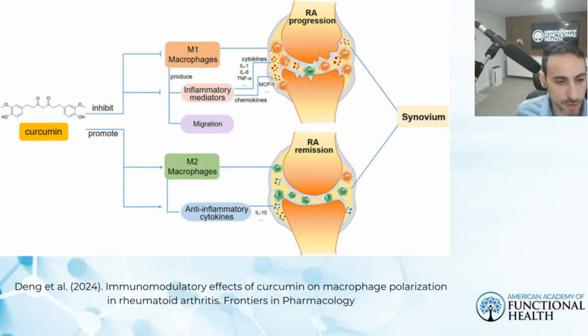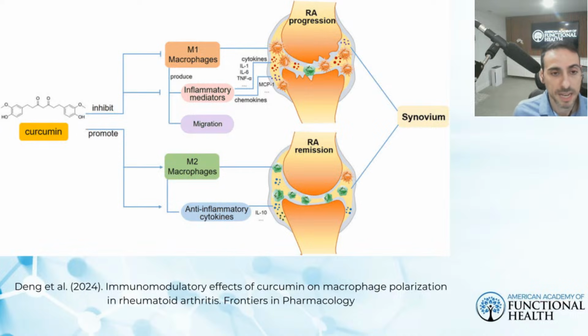So I chose this picture because it's very clear. You can see on the left side, the intervention was curcumin, and on the top, you can see what curcumin inhibits, right? Which inflammatory mediators or cytokines are inhibited there. For example, interleukin-1, 6, tumor necrosis factor alpha.